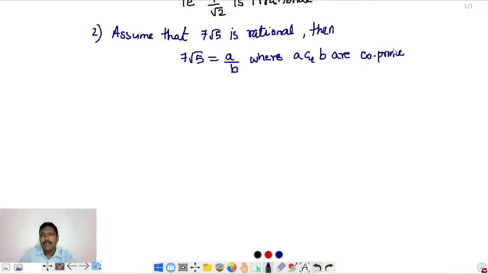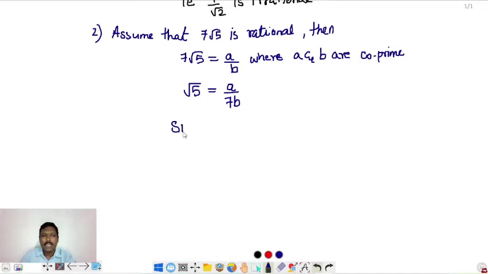Now root 5 you can keep here, the other number, that means 7 you have to transpose from that side. So you will get root 5 is equal to a divided by 7b.